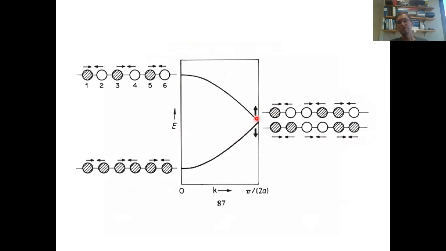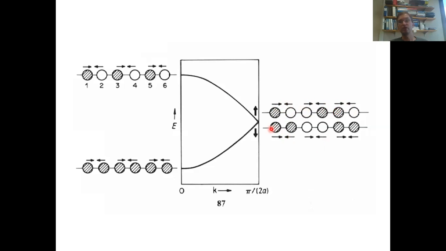What will their energy become as we start to distort our one-dimensional hydrogen chain, in the sense that we bring pairs of hydrogen atoms closer together, bringing other pairs at the same time further away? If we bring this pair closer together, and this pair closer together, and this pair closer together, we'll increase the distance between these 2 and these 2.